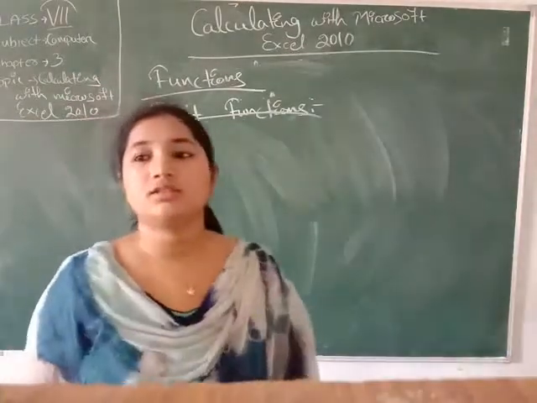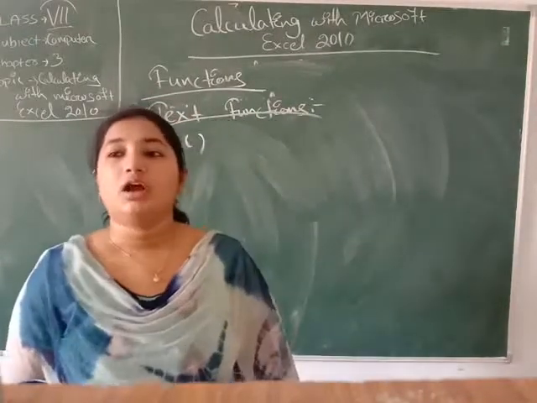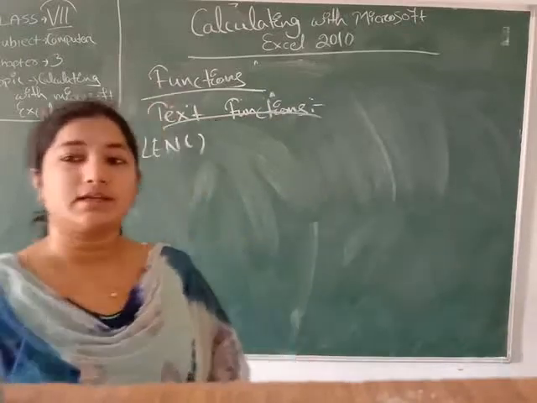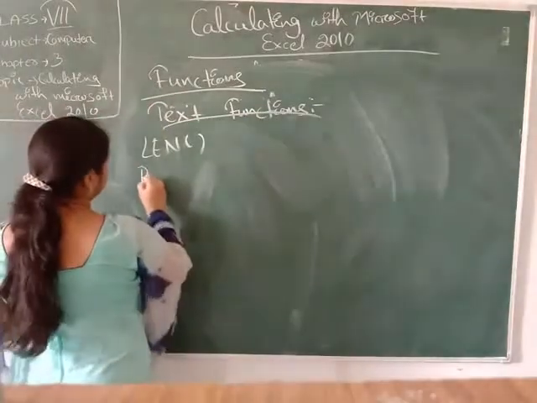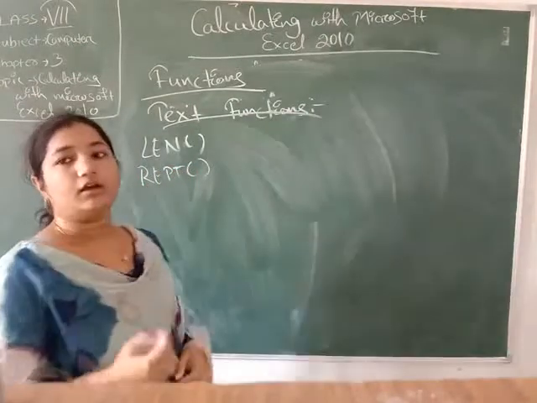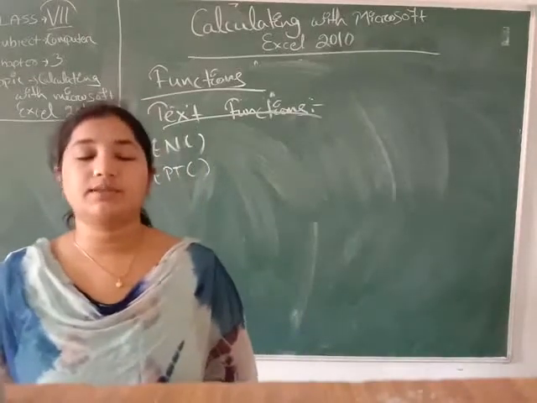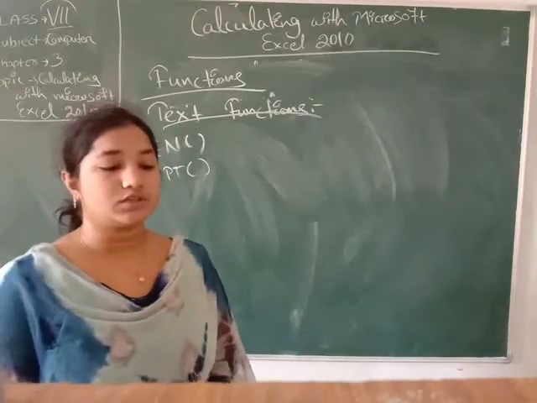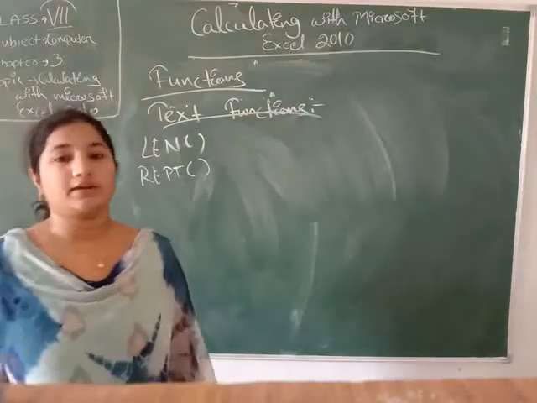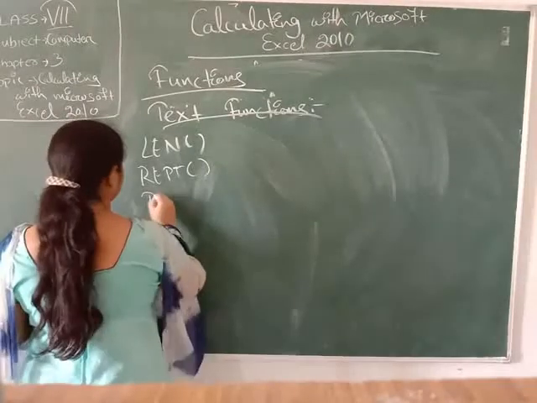It returns the length, in number of characters, of the content of a cell. The next one repeats a character a specified number of times. When we give an instruction to repeat, it repeats that character that number of times. Next one is TRIM.